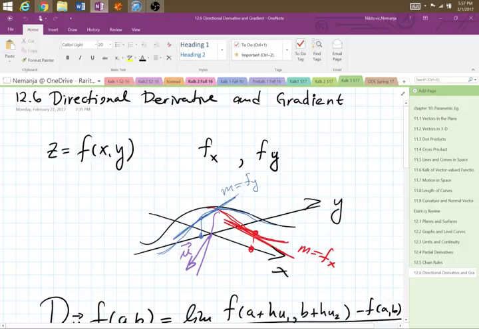All right, so we're just going to continue 12.6. Last time we talked about the directional derivative. First, we reviewed the concept that partial derivatives are either in the direction of the x-axis, as the partial derivative with respect to x, or in the direction of the y-axis, as the partial derivative with respect to y.